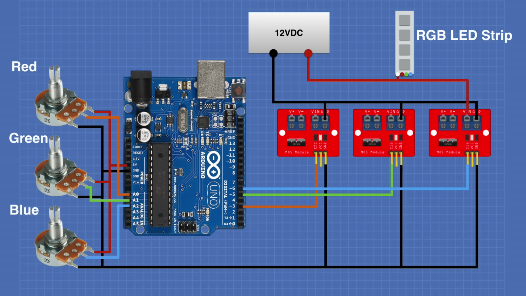We'll also connect it to the V-in pin on all three modules. The V- pin on the first module will be connected to the red connection on the RGB strip, V- on the second module to the green connection on the RGB LED strip, and the V- on the third module to the blue connection on the LED strip. And this completes our wiring.